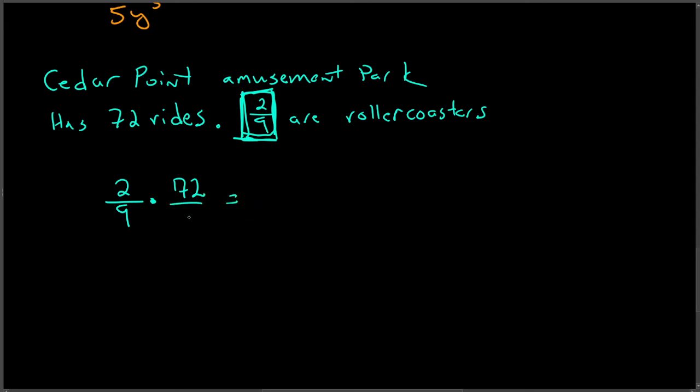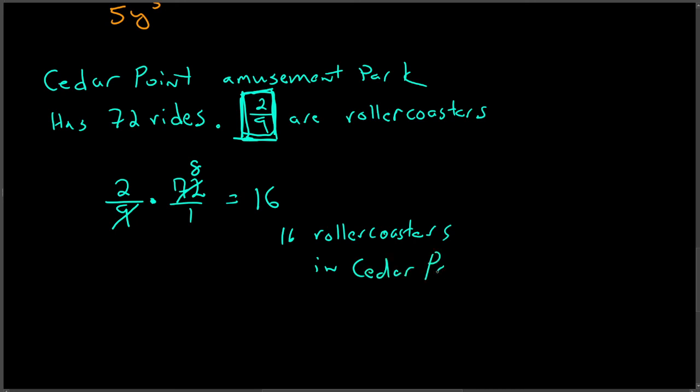And I'll write 72 as a fraction. And so I have 2 times 72 over 9 times 1. But if we know 9 goes into 72 8 times, and 2 times 8 is 16. And so 16 roller coasters in Cedar Point Amusement Park, Ohio.